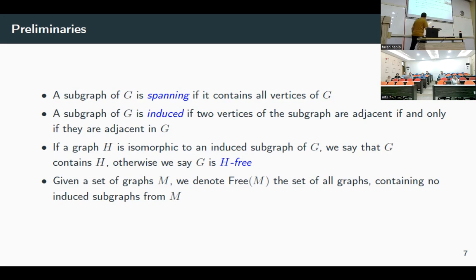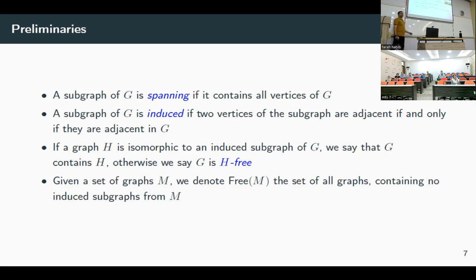For example, this graph does not contain a cycle of 3 vertices, right? So this graph is free of C3. This is C3, and if this is G, then G is C3-free.